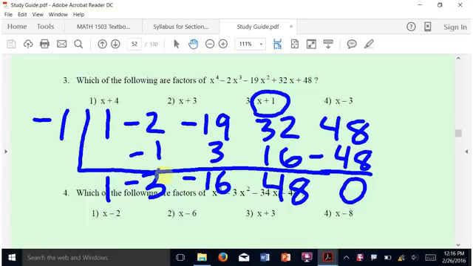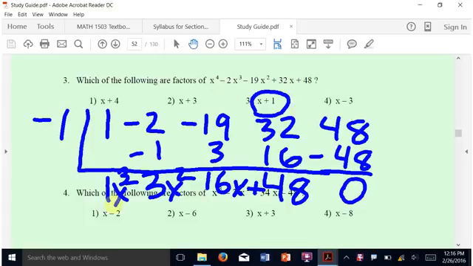So why did we use synthetic division? Well, it helps us because now we have essentially factored out this x plus 1. And so x plus 1 times this quotient, when we insert our variables in there, will give us our dividend.